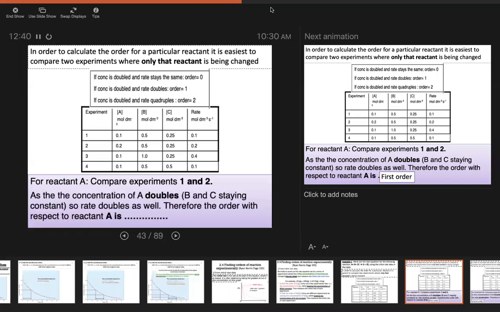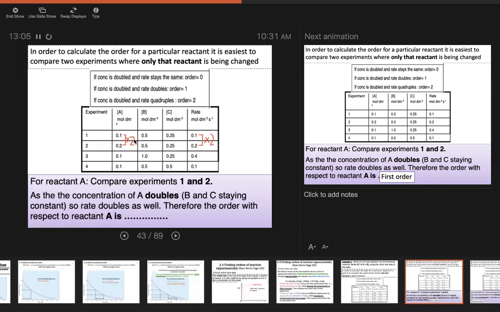When we compare experiment 1 and 2, what can you say about the concentration of A? It increases by 2, it doubles. So now look at the effect on the rate. What can you say about the effect on the rate? It doubles as well.